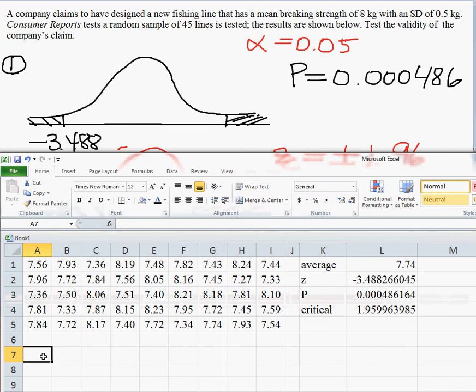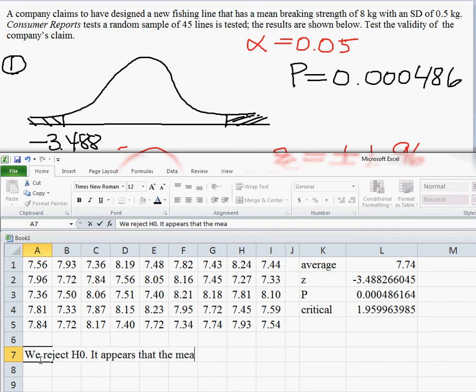And so our decision is that we reject the null hypothesis. In words, it appears that the mean breaking strength is not 8 kilograms. Okay, so that is how to do this particular hypothesis testing problem using a two-tailed test.